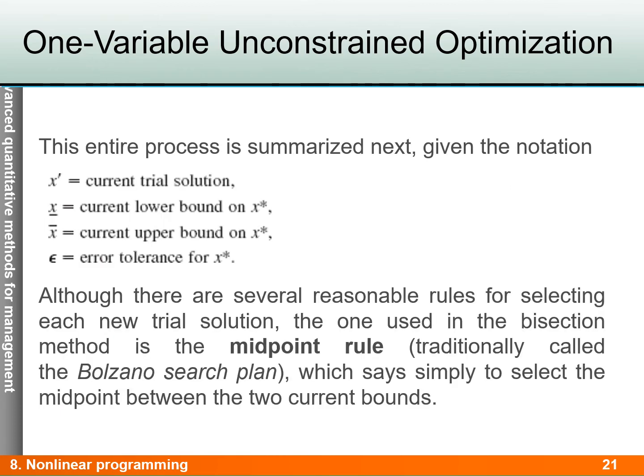To apply the bisection method, we need to define some points, some information that are important for our example. What are they? X prime is the current trial solution that we learn how to calculate.